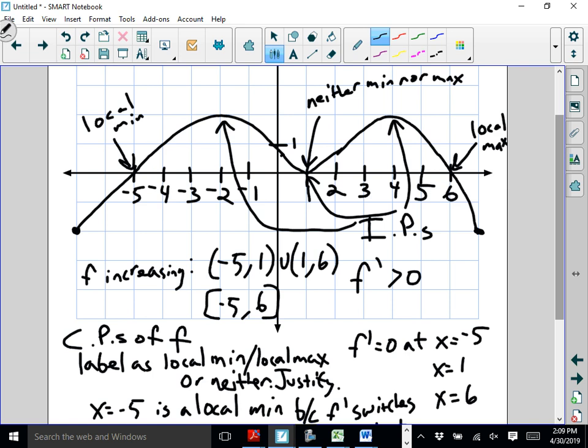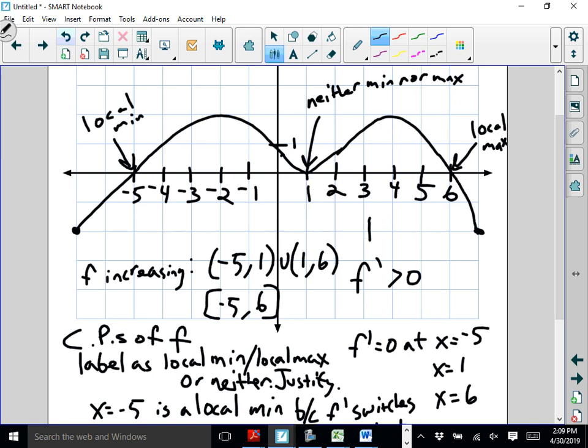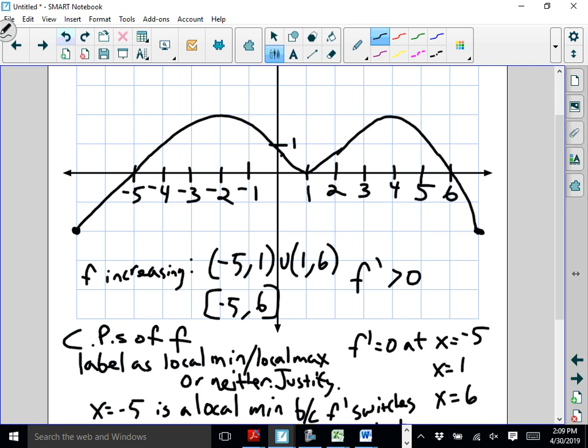Okay? Now, one of the other things that they say, let me just declutter this picture real quick. One way that we can tie in some integration to this is here's what they might say.